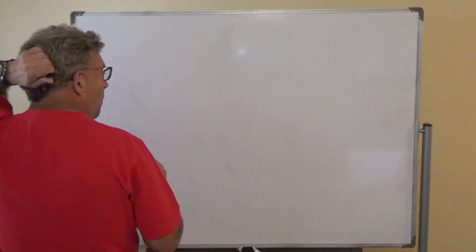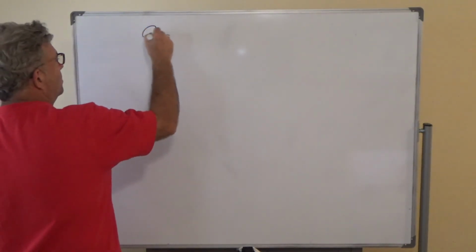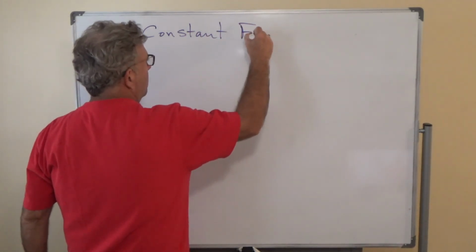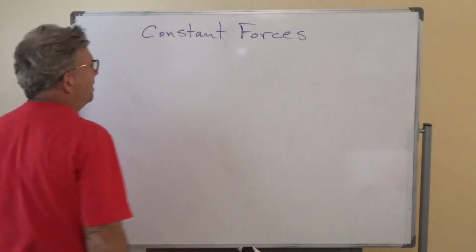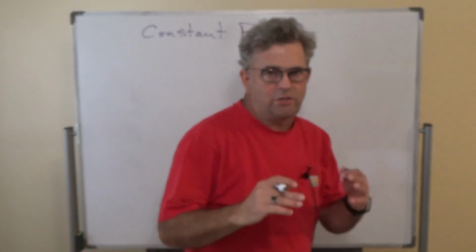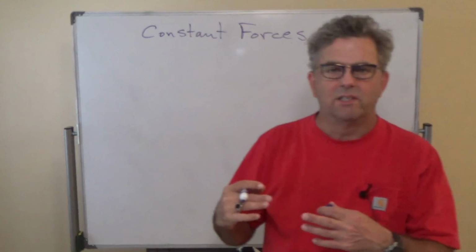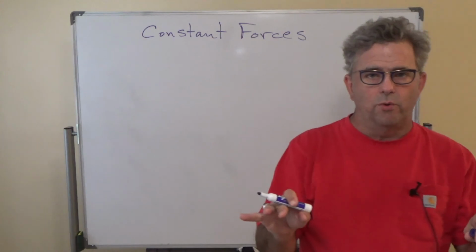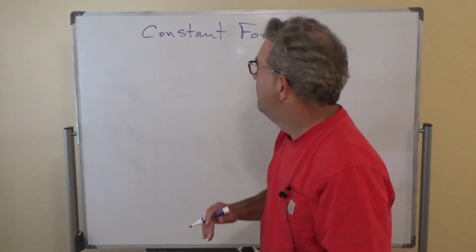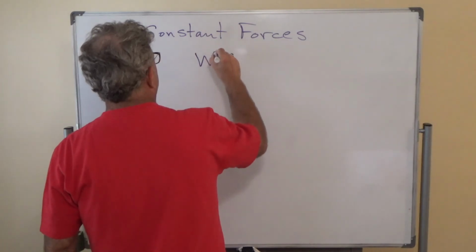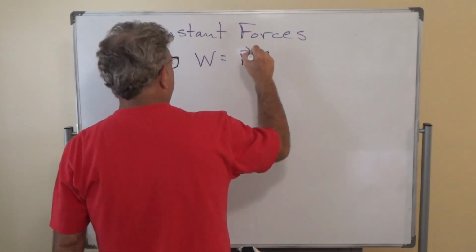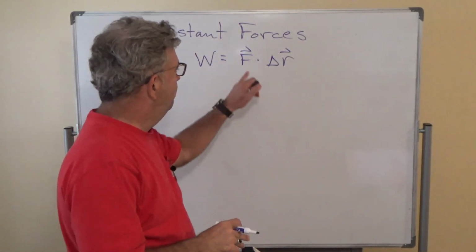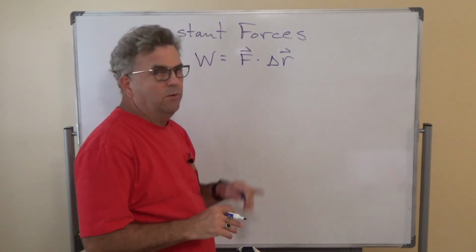For simple constant forces, okay? So when we're looking at constant forces, this means that the direction and the magnitude of the force is not changing throughout the motion, all right? Then the work is equal to F dot delta R. It's the force dotted, and I'll tell you what that means in a minute.